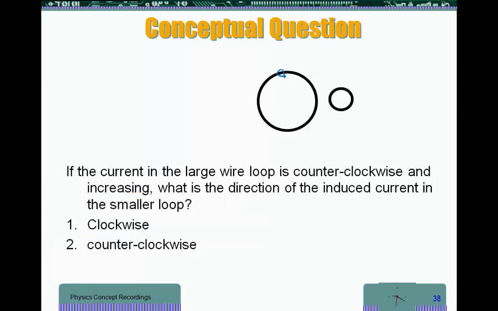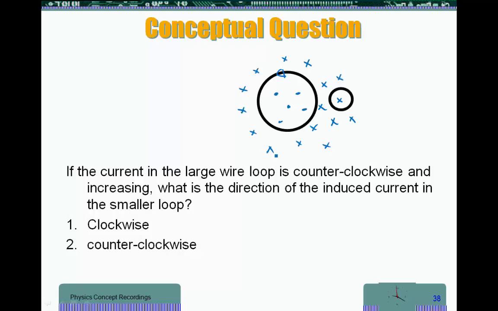Now outside the loop the story is different. The magnetic field here, due to the large loop, is in this direction. So inside it is out, outside it is, I mean, into the page.